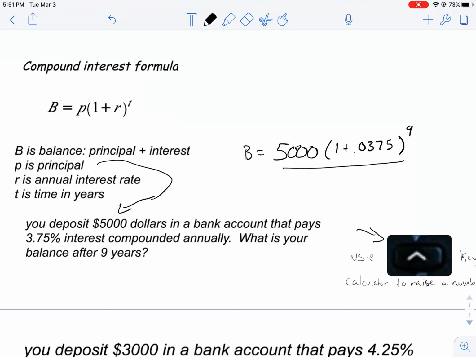Okay, and so what this shows us is that our B is going to equal 6,964 and 7 cents. I rounded; it was 0.06, I rounded to 0.07. So if you deposited $5,000 into a bank, in 9 years you would make almost $2,000.